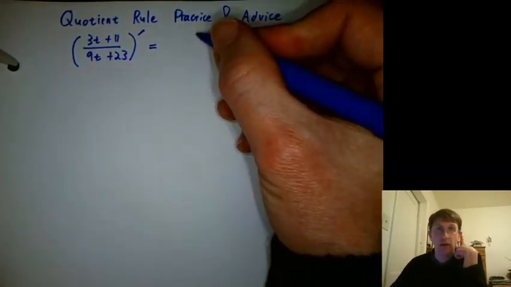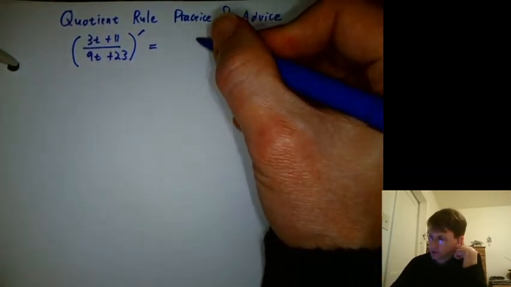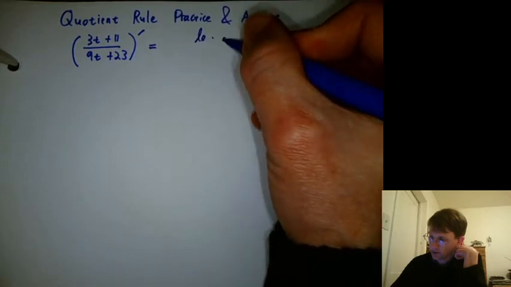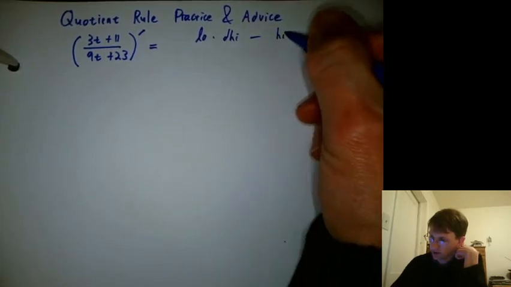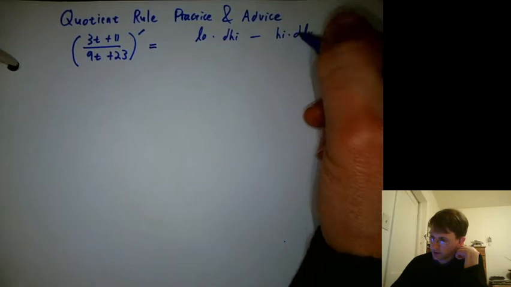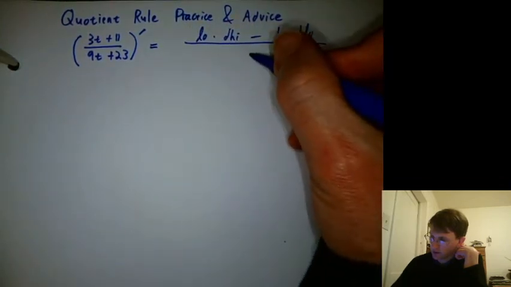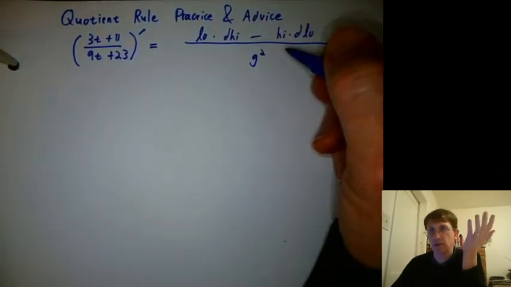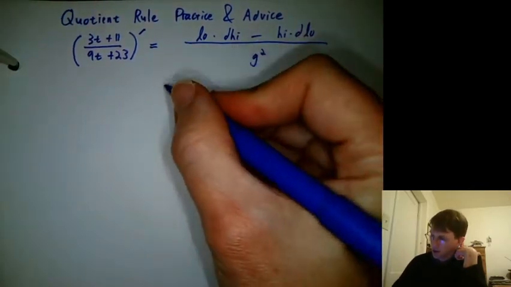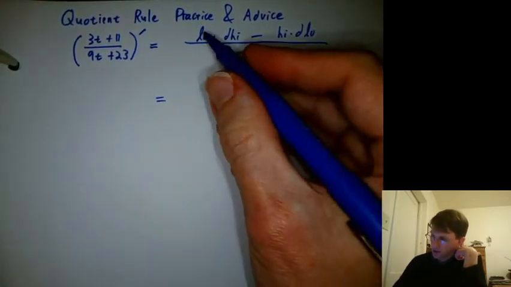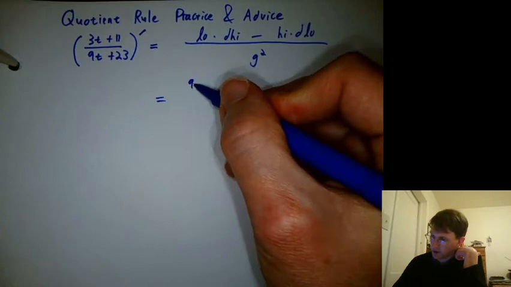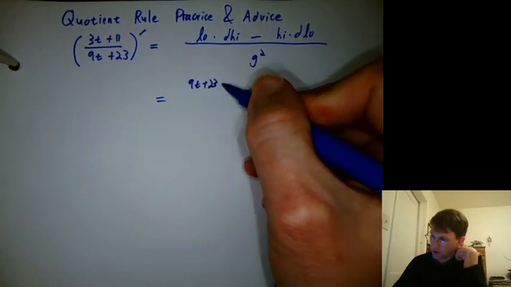All right. Hopefully you wrote out the beginning of the generic form: low d high minus high d low over the square of the bottom, which you could just write as g squared or low squared, whatever. So what is low here? It's 9t plus 23.